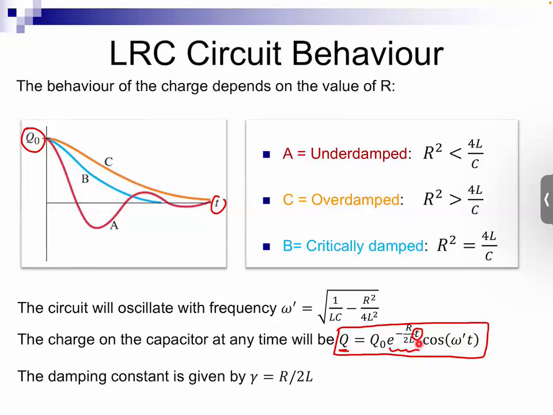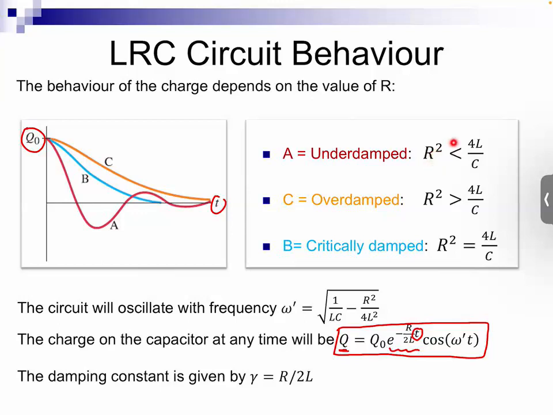In your exponential term, you have a function of the resistance, R, and a function of the inductance, L. What that tells us is that depending on the relationship between the resistance and the inductance, there are three possible things that can happen in your circuit. Of course, we know you have an inductor and a capacitor, so there's still oscillation, right? There's still a transfer of energy between your inductor and your capacitor.